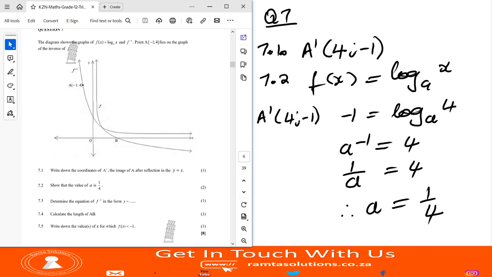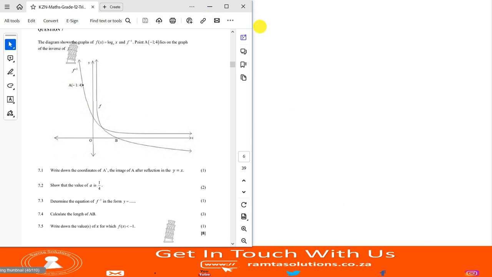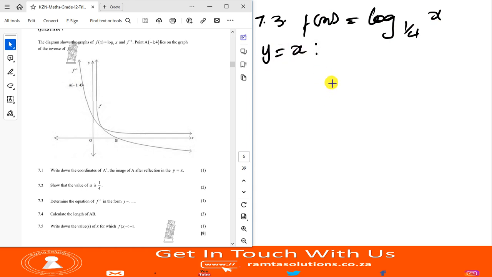All right. Let's get to 7.3. It says determine the equation of F inverse in the form y equals. What we know so far is that f of x is equal to log x base 1 over 4. So swapping x and y, we say x equals log y base 1 over 4.